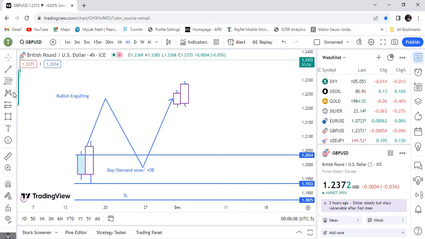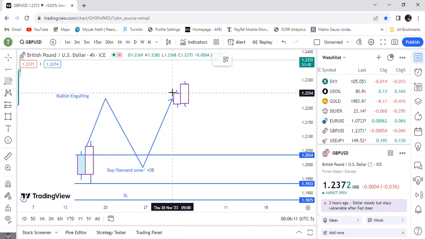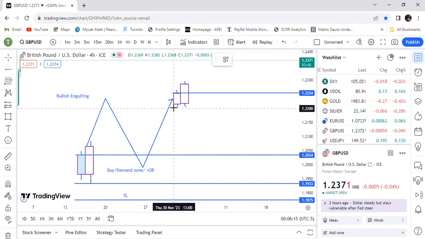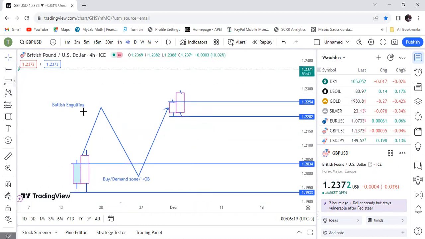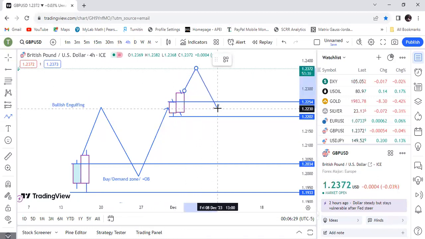Again, we just mark the region like I showed you: up to the body of the first candle at the top, and up to the lowest wick at the bottom. Now we want to see price move in the same manner, continue moving from this region, then come back to this region, which is our buy or demand zone, the plus OB.